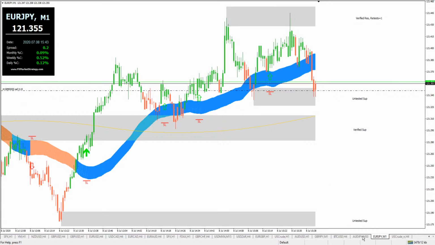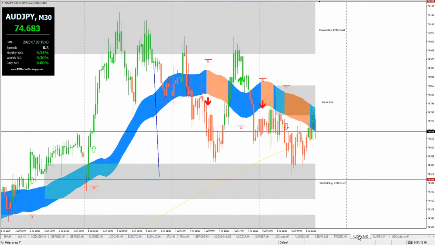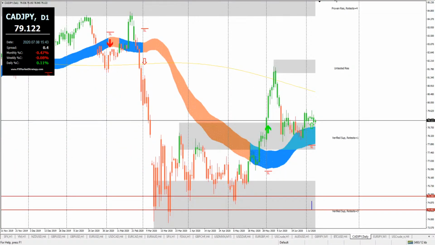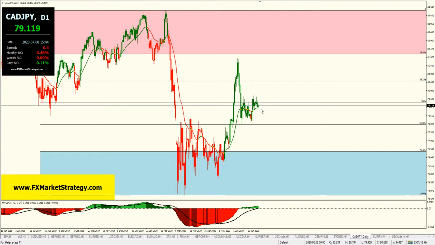Okay, guys. If we look at the Canadian Japanese yen, long term this will be a buy. But that's not the best area to buy.